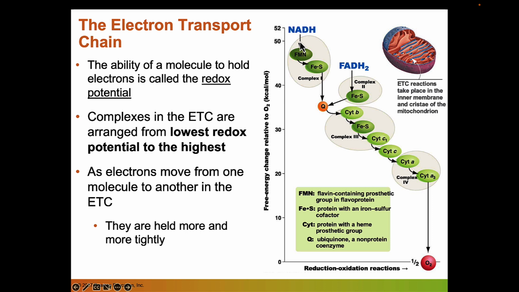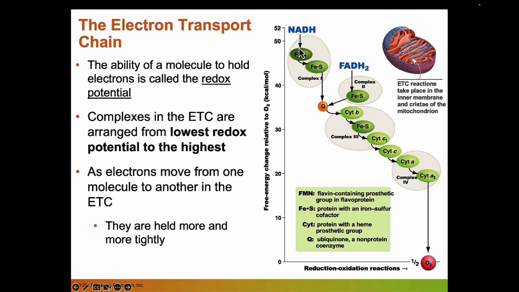The way it's organized is that we have the lowest redox potential in complex 1, moving to relatively higher redox potential of complex 4, meaning this holds the electrons more tightly, and then eventually to oxygen, which has a very high redox potential.